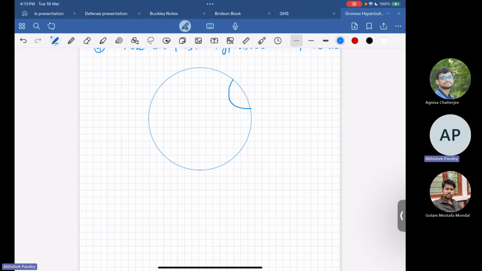And if you make a geodesic triangle, so let us say this is one such triangle.